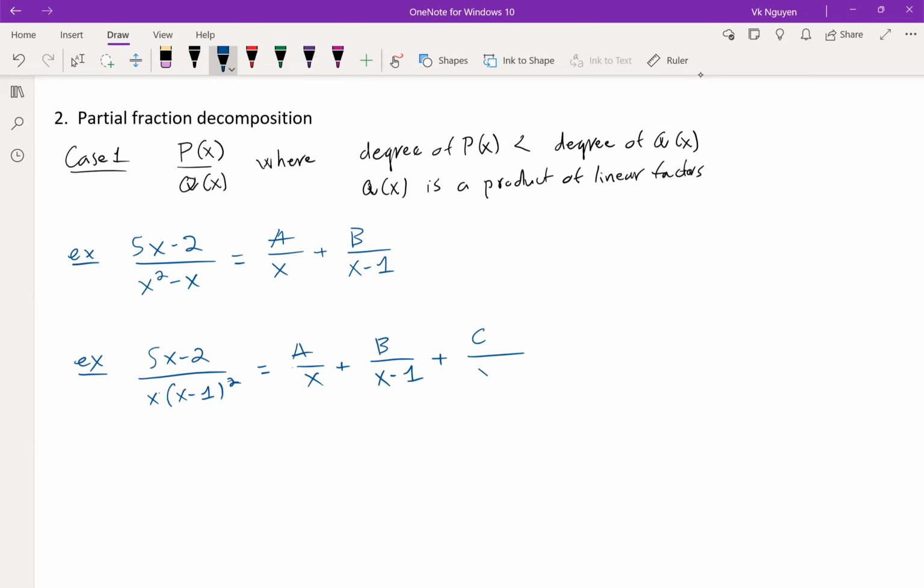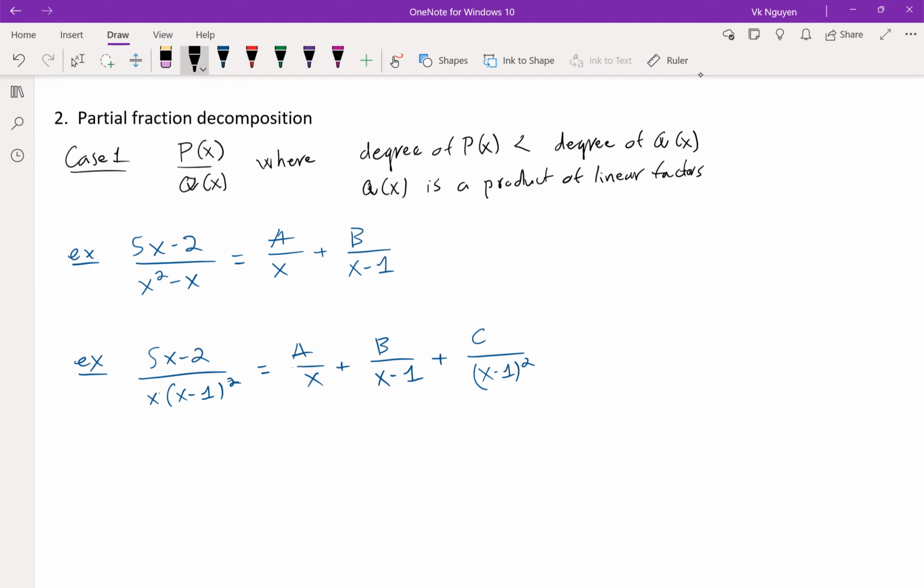So that means C over (x minus 1) squared. So this is how we decompose (5x minus 2) over x times (x minus 1) squared.